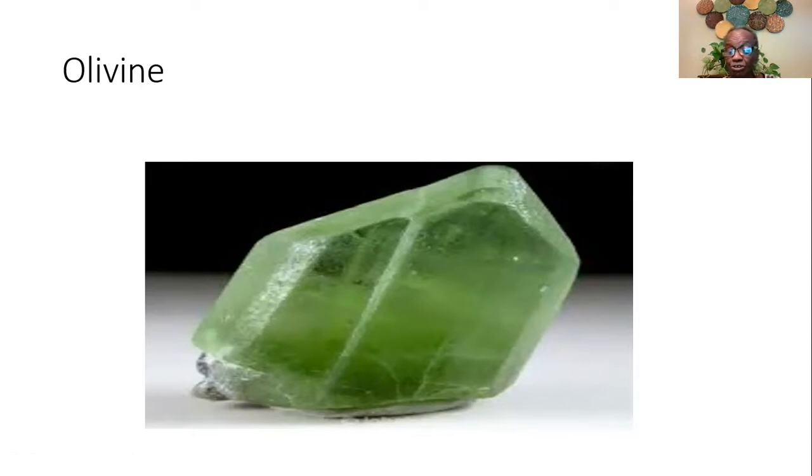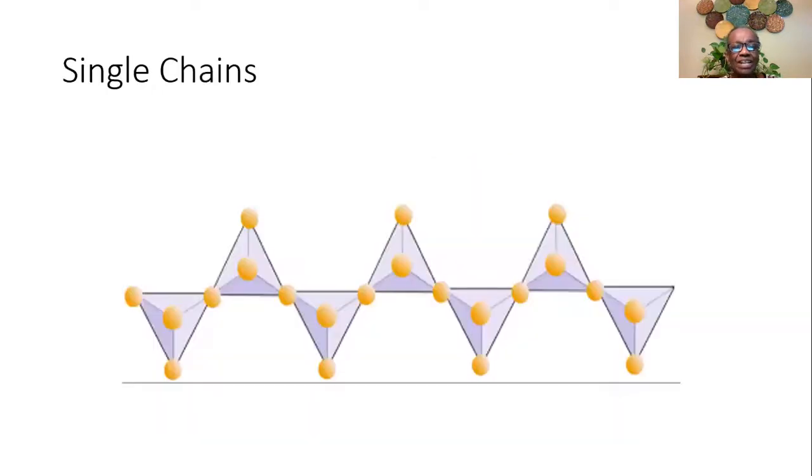Even though we talked earlier about properties of minerals and we mentioned that color is the least reliable, with olivine, that's not the case. Olivine, olive green. So if you get that color, you're okay. We also have single chains of silicate minerals.